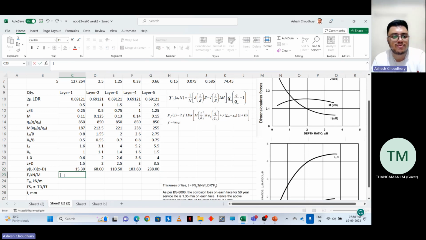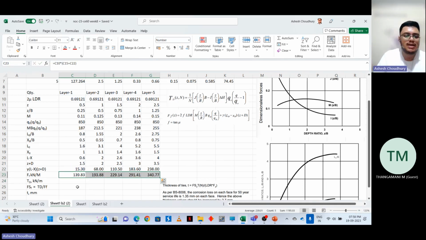Finally, FF is equal to this plus this term. Done. Right. So these are the pull out resistive forces on each layer.